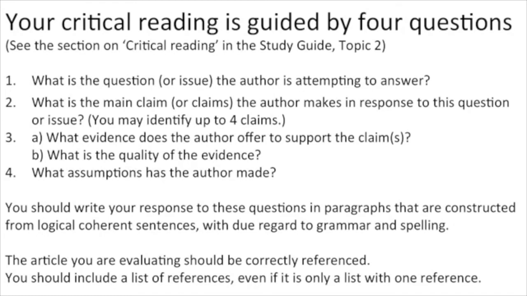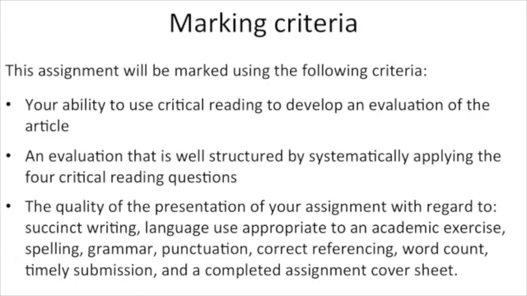There's some marking criteria for this assignment, as in all assignments, and you can see them there. We're basically going to be marking you on your answers to those questions. The first marking criterion, about using critical reading to develop an evaluation of the article, is just about answering those questions.